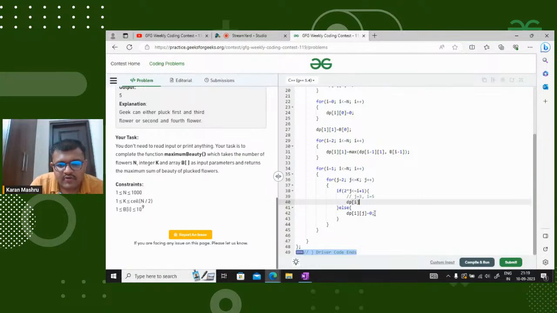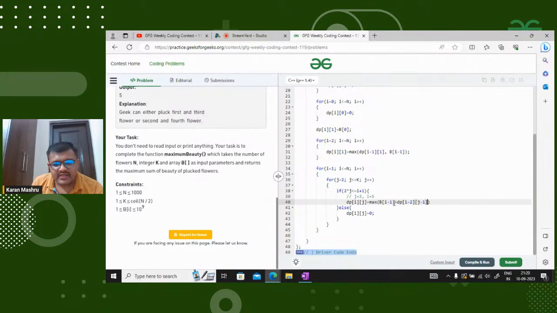So dp of i j is equal to max of, suppose I consider the ith flower, so its beauty would be b of i minus 1, plus I also need to consider the remaining j minus 1 flowers. But since I have taken the ith flower, I cannot take the i minus 1th flower because that would be consecutive. So b of i minus 1 plus dp of i minus 2 and j minus 1.